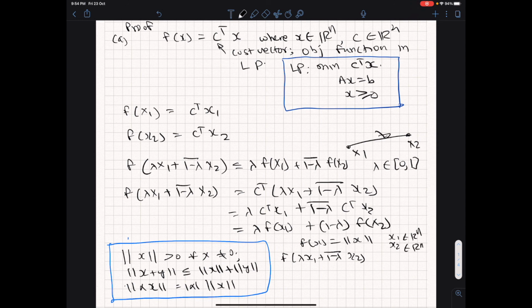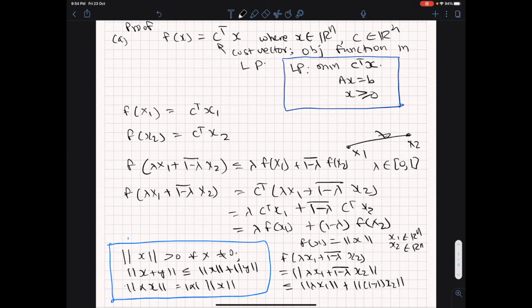So this is the same as the norm of lambda x1 plus 1 minus lambda x2, and now apply the triangle inequality on this. So this is less than or equal to the norm of lambda x1 plus the norm of 1 minus lambda times x2. And now apply property 3.